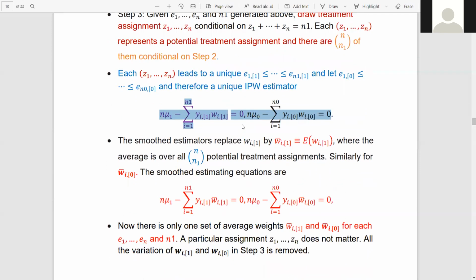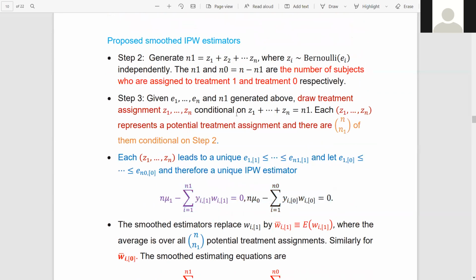Jason, can I ask a question about this? Yes. When you run the Bernoulli trials for each E, that is not actually assigning the subject, whose propensity score is for either treatment or control.